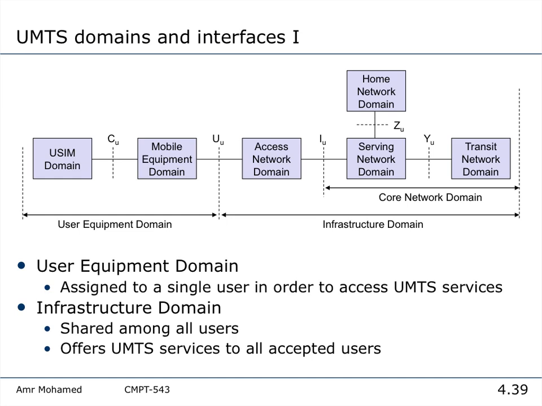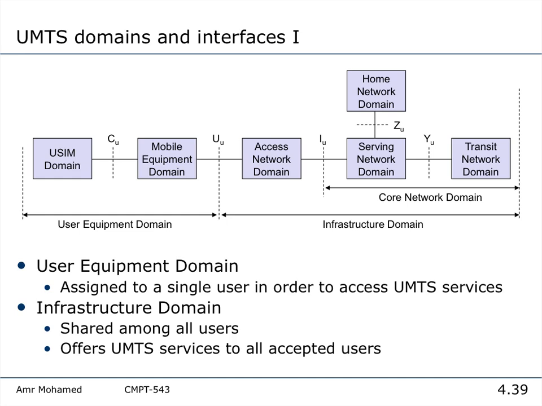Again, there is the user equipment domain, and there is the infrastructure domain. User equipment domain is one per user, of course, whereas the infrastructure domain is one for the service provider. So the user equipment domain is similar to GSM.